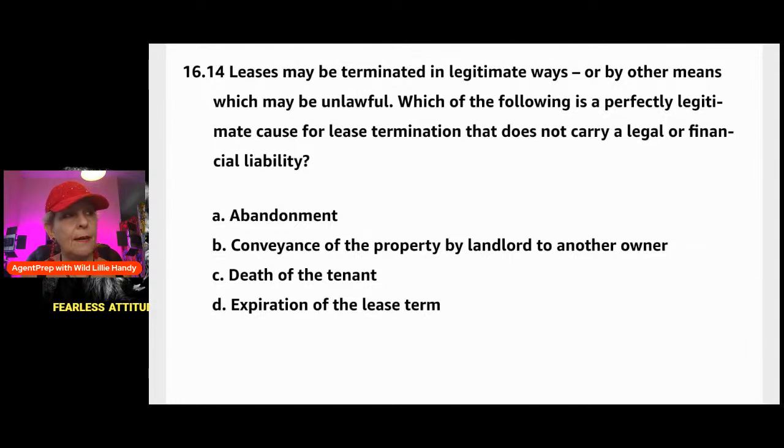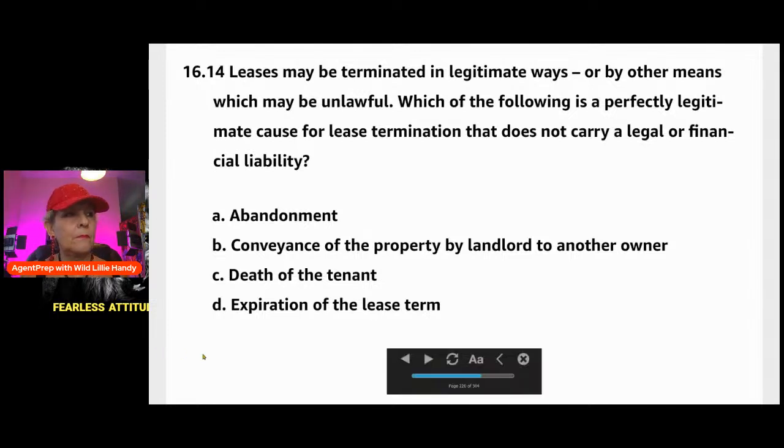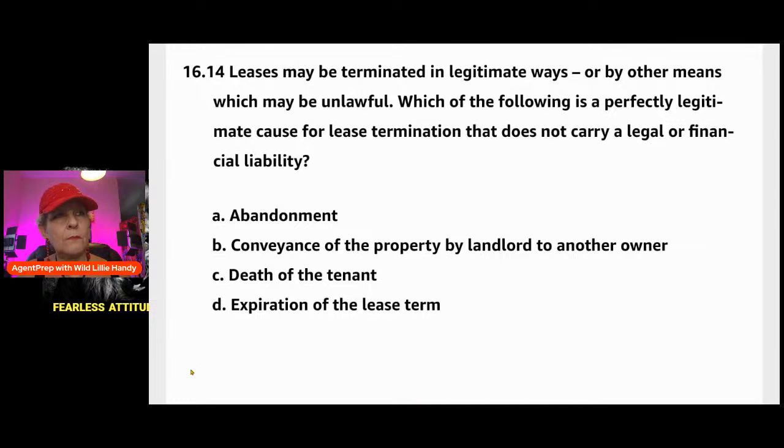No, it is not C. So the answer is actually D. Expiration of the lease term does not carry a legal or financial liability. Okay, the lease expired, tenant can leave.